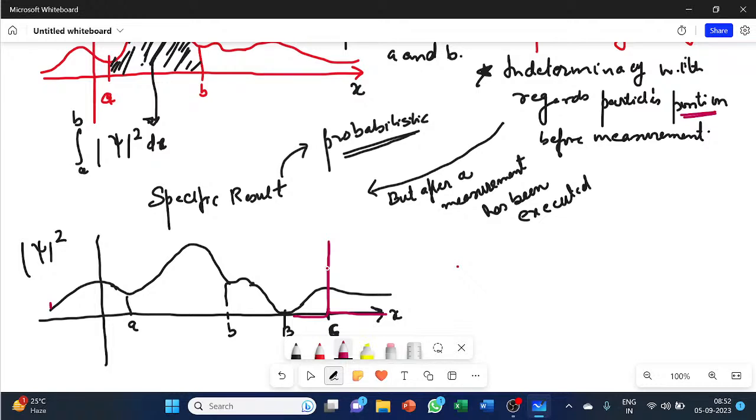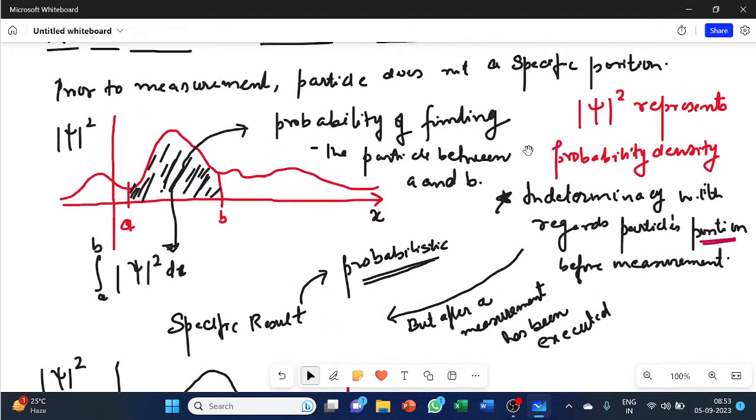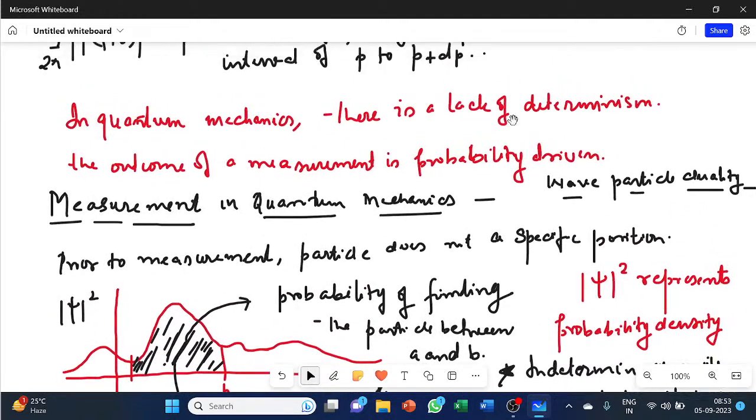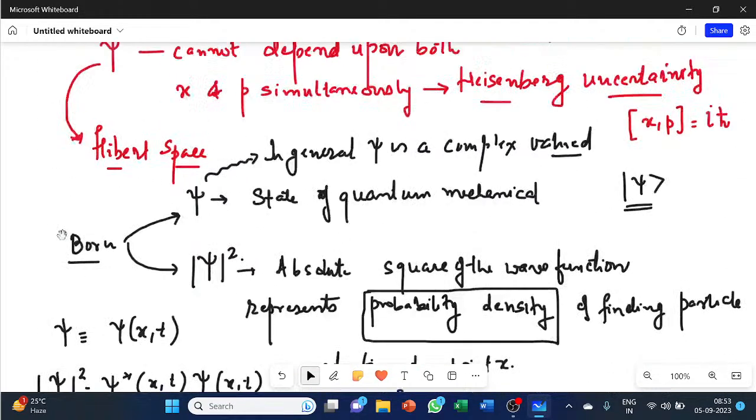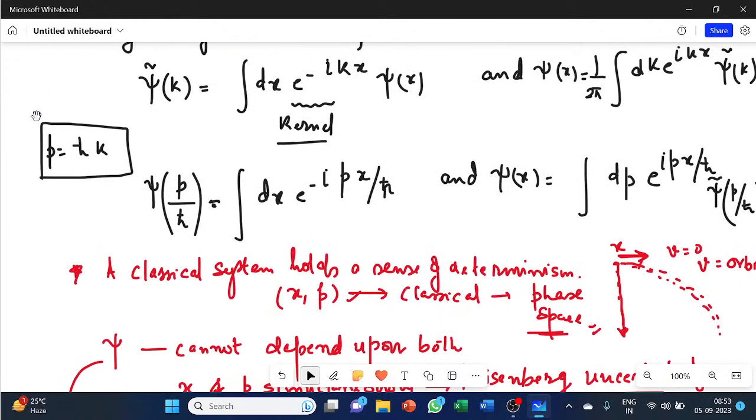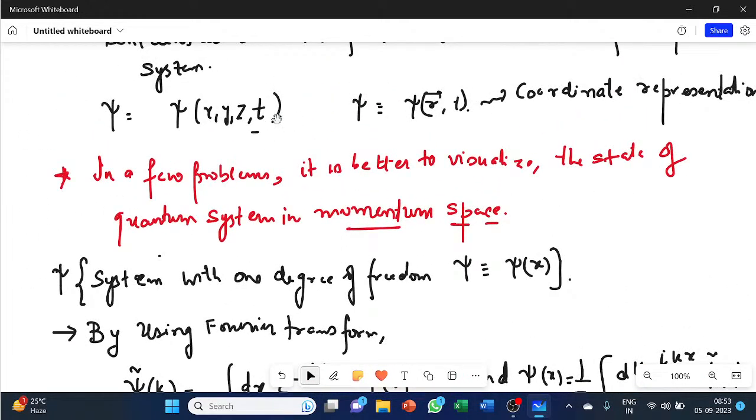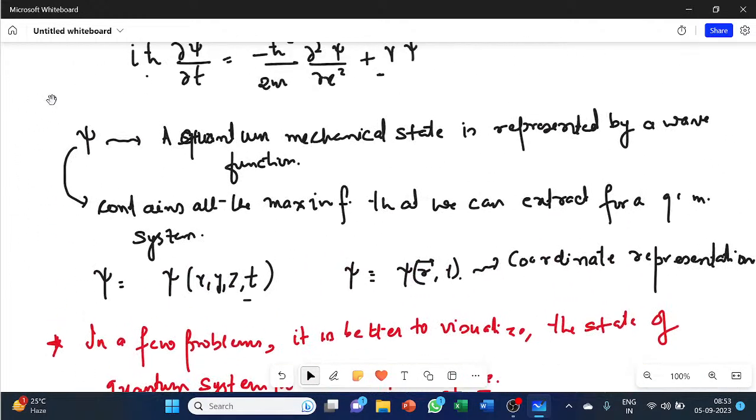But right now, when I have to show it in wave mechanics, it is a little bit difficult. Understand that initially the particle is governed by psi, and psi is in turn governed by a special evolution dictated by the time independent Schrodinger equation. Here psi in general can be a function of time also, but right now I'm just keeping things simple.